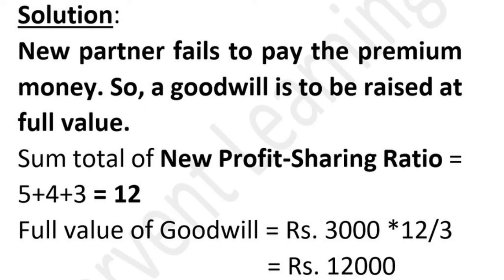So to calculate the full value of goodwill, we simply take the premium of goodwill of the new partner, multiply it by the new profit sharing ratio total and divide by the ratio of the new partner. So we get rupees 12,000 as the full value of goodwill.